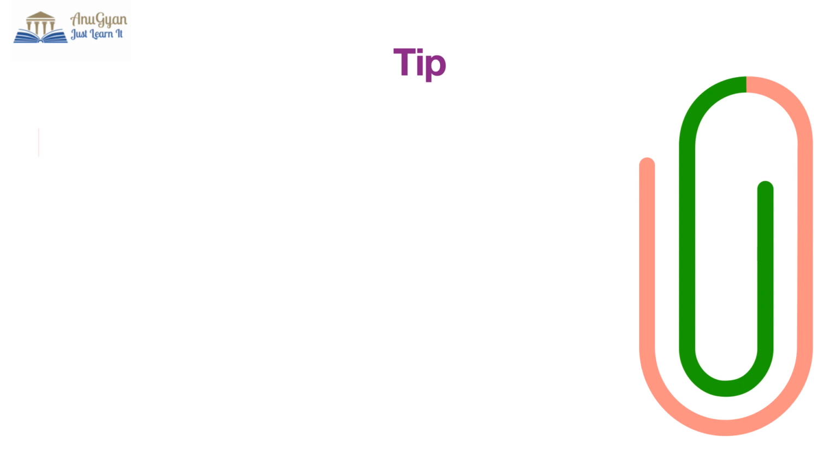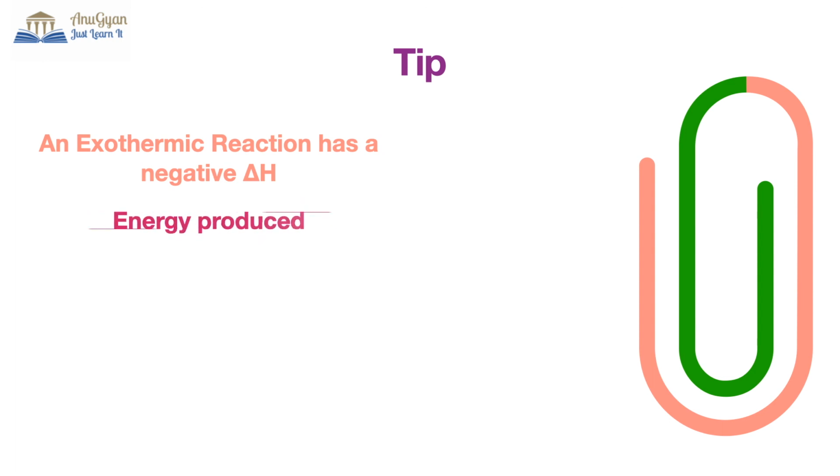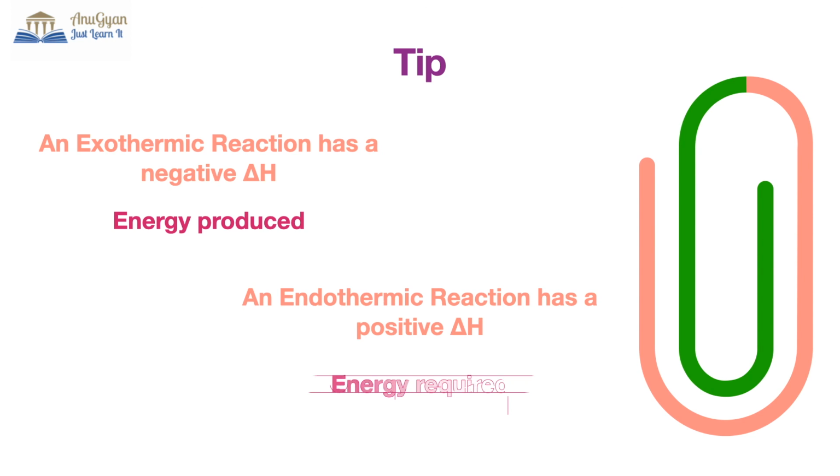More clearly, an exothermic reaction has a negative value of the heat of reaction, and energy is produced in that reaction. And in an endothermic reaction, there is a positive value of heat of reaction or delta H, and in this process, energy is required.